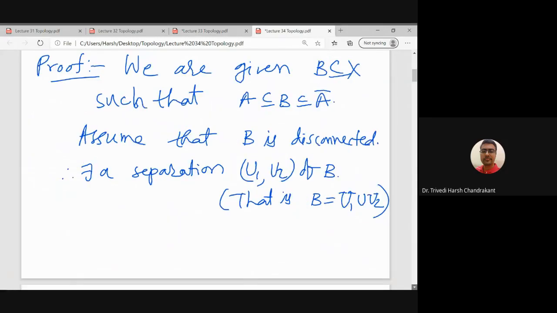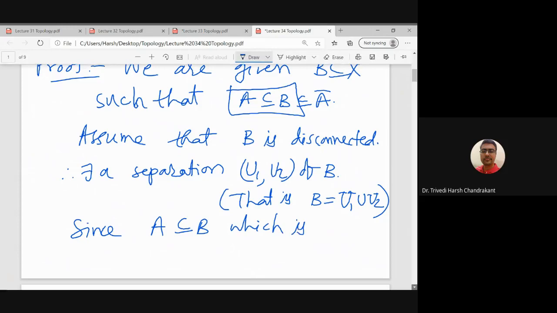Same way here, I have a subset of B, and A is a connected set, right? So since A is a subset of B, which is connected, A is connected, and B is equal to U1 union U2.